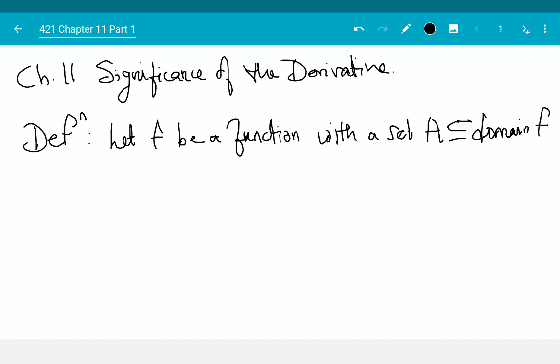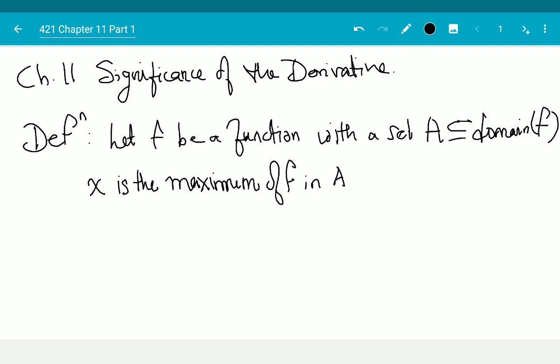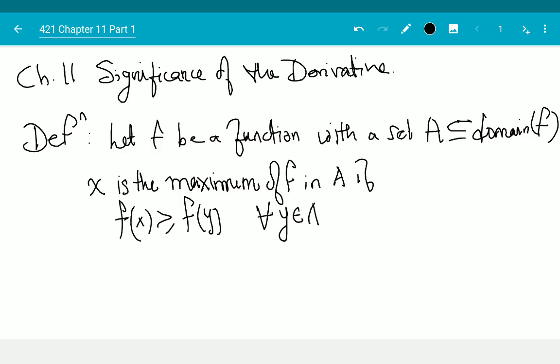In that case, I am going to call x the maximum point or maximum of f in A if f of x is greater than or equal to f of y for every y in A.